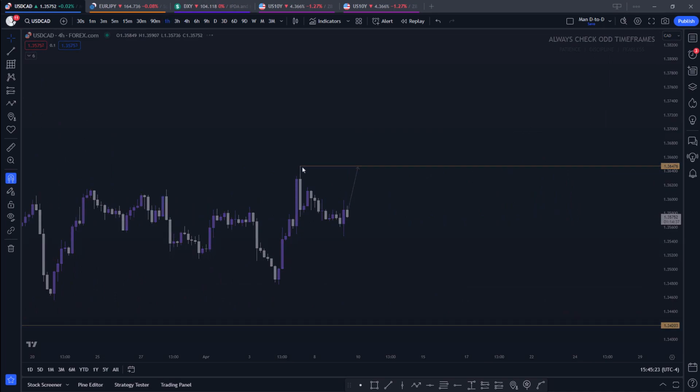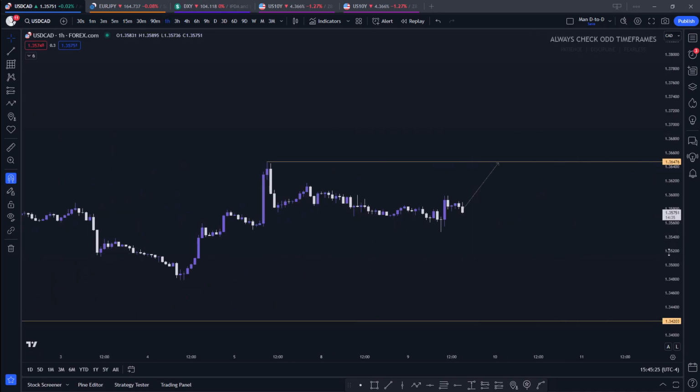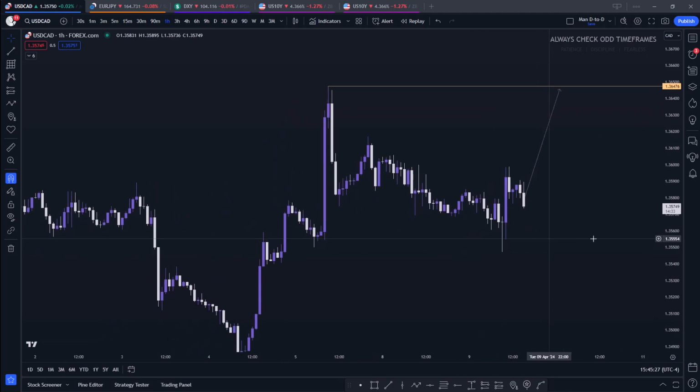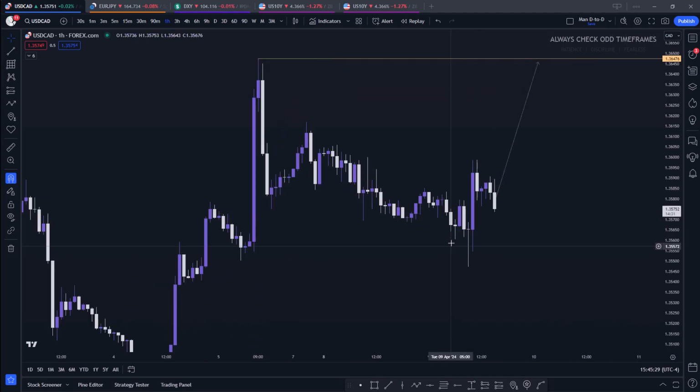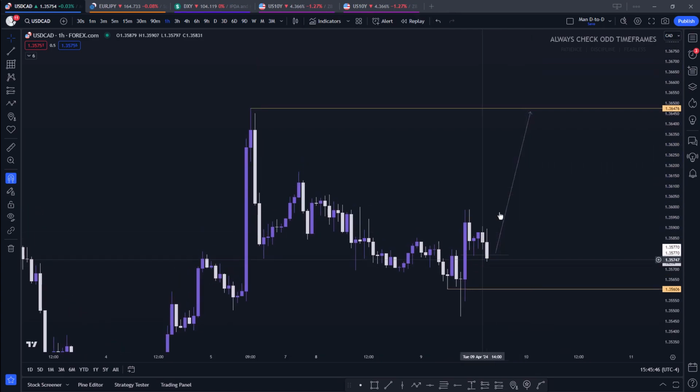But when I looked at it from the 1-hour time frame, I saw the basic 2022 model, where we got a liquidity sweep down here, we got a displacement already, and now we have a fair value gap that's coupled with a bullish order block right there. So I am expecting an expansion from this order block going higher, since I'm expecting higher dollar and lower GU going into CPI tomorrow.